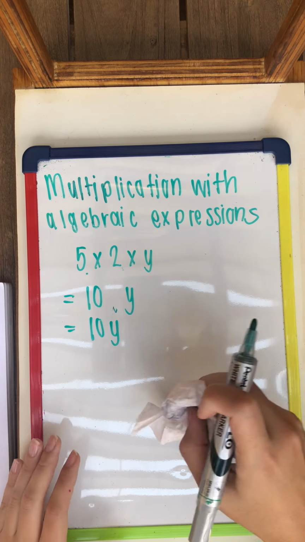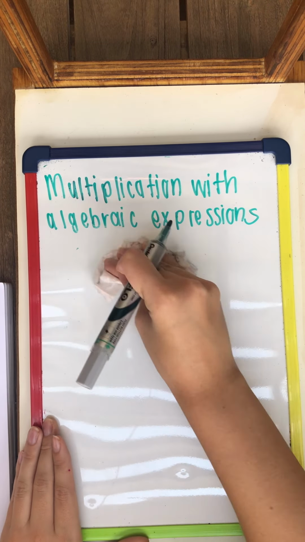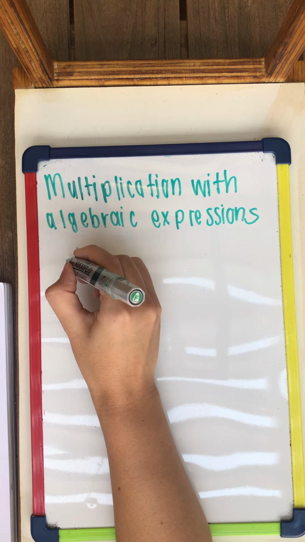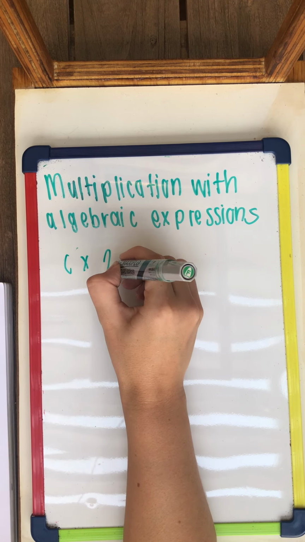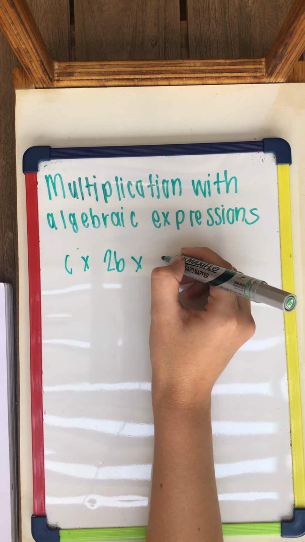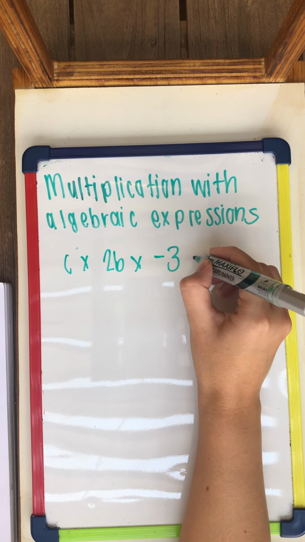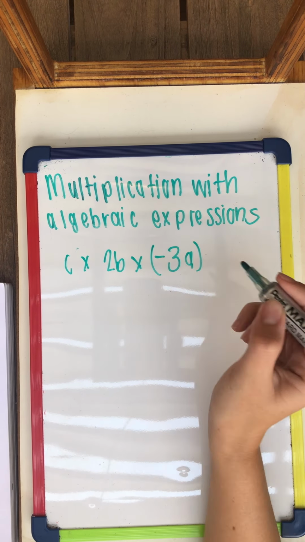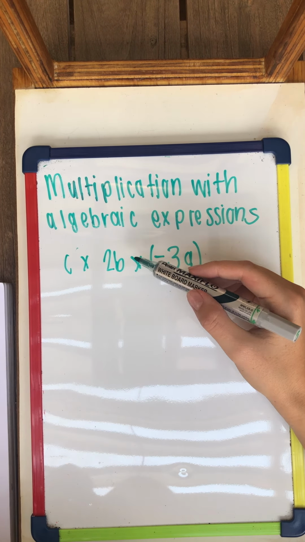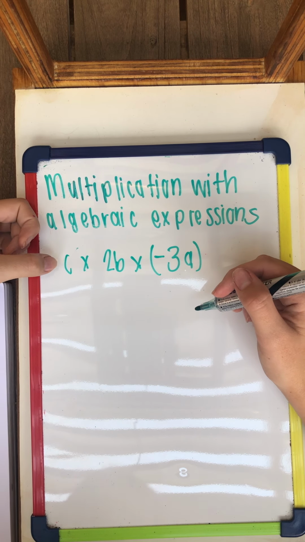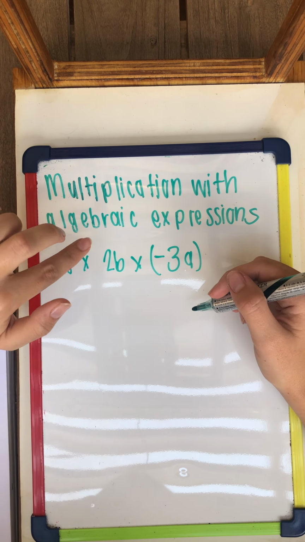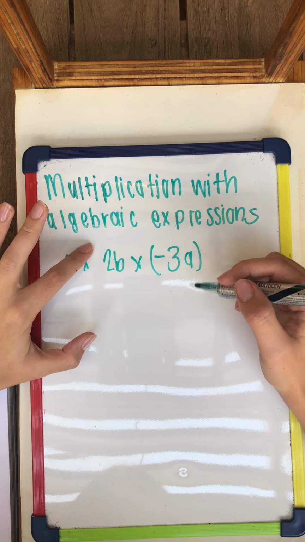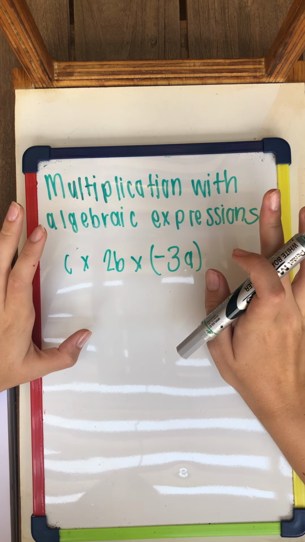Okay, let's do more. So c times 2b times negative 3a. Okay, so I first do my coefficients. So I'm going to do this two ways.